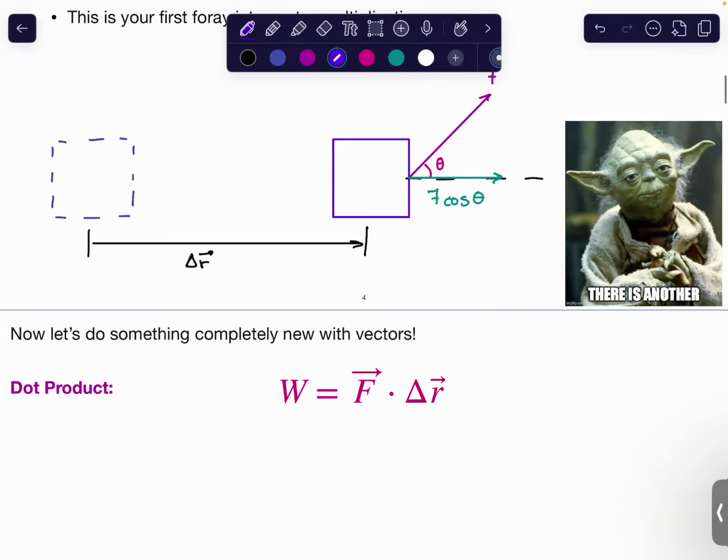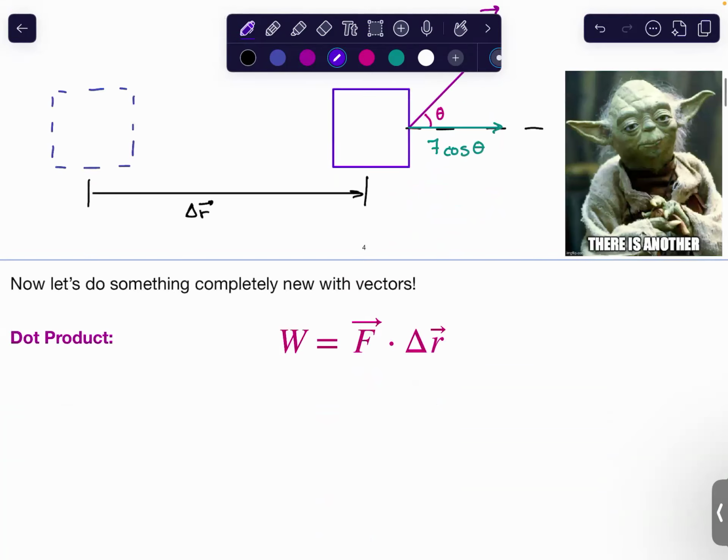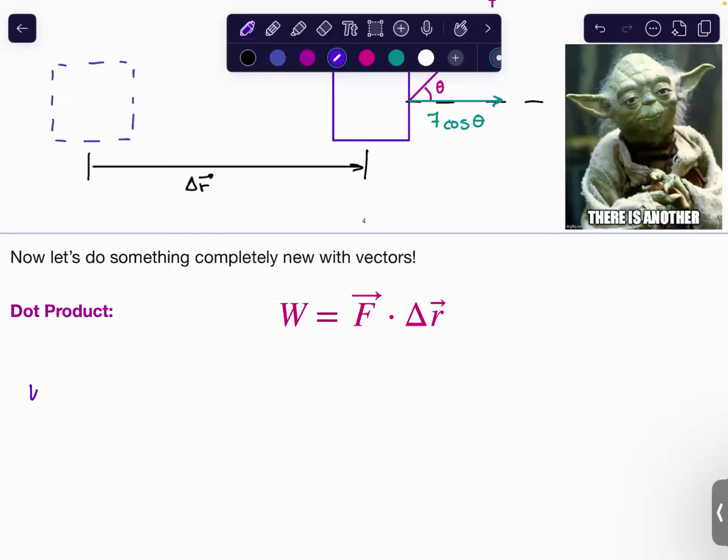So we talked about the most general definition of work, which is F dot delta R. This is a dot product of two vectors. You'll have two basic definitions for this. If you have two vectors with components, this is called the scalar product, so you're not going to produce another vector.